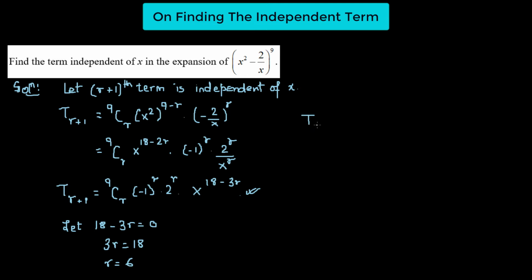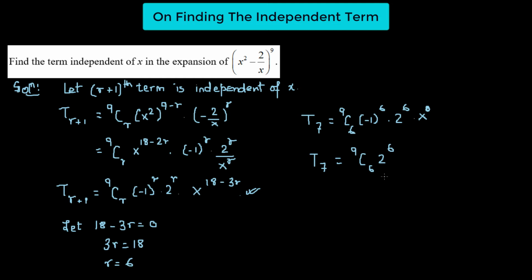So we have t(6 plus 1), which gives us t7, equal to 9c6 times negative 1 raised to the power 6 times 2 raised to the power 6 times x raised to the power of 0, which is equal to 9c6, negative 1 raised to the power of 6 is positive 1, 2 raised to the power of 6, and x raised to the power of 0 is 1. So the seventh term is the one which is independent of x. We can go ahead and calculate the value of 9c6 times 2 raised to the power of 6, and that will give you the answer.